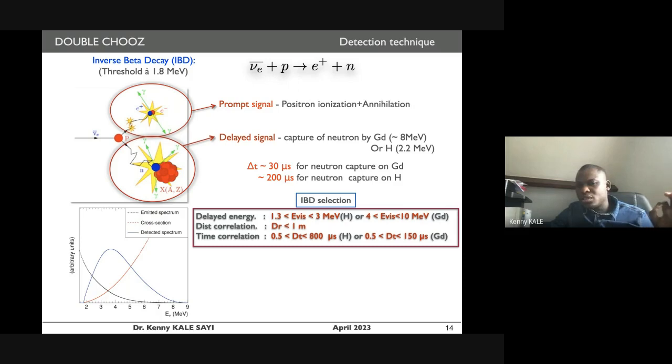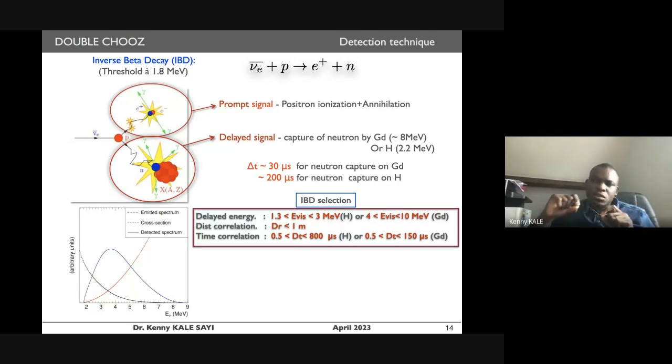Then these neutrinos coming from the nuclear power plants interact with a proton and produce two different particles: the e+, the positive electron that we call the positron, and a neutron.